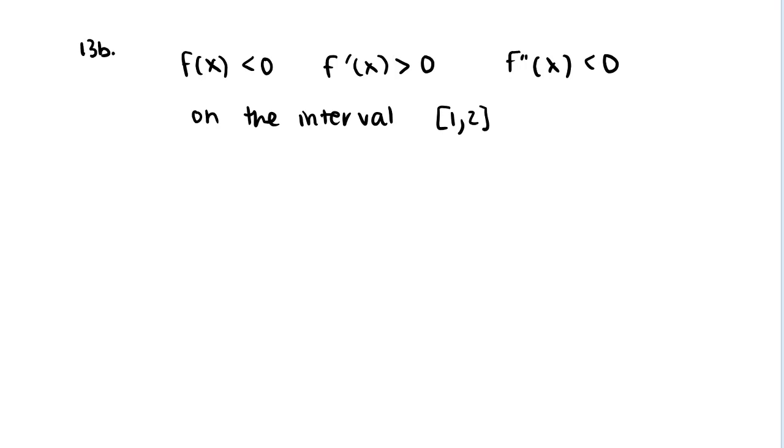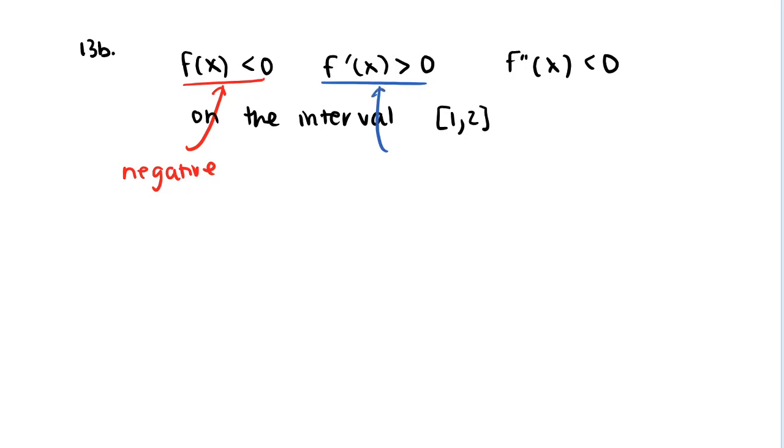Okay, so what does it mean for f of x to be less than 0? Well, this is telling us that the function value, when we look at the function itself, is going to be negative on this interval. So in other words, the function is going to be below the x-axis on the interval from 1 to 2. What does this mean? F prime of x is greater than 0.